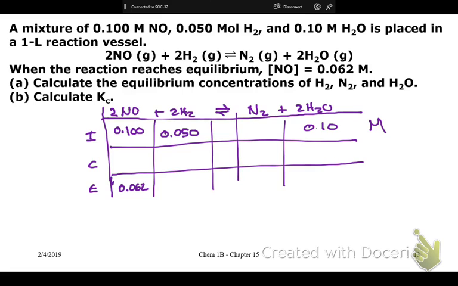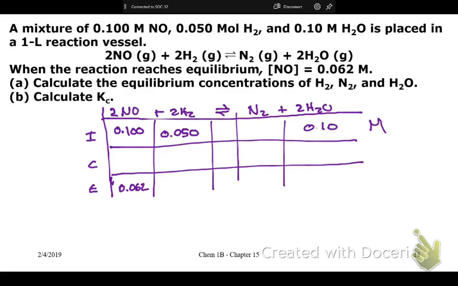Which way is the reaction going? Left or right? How do you know? Water concentration is going down, so it must be dissolving something.